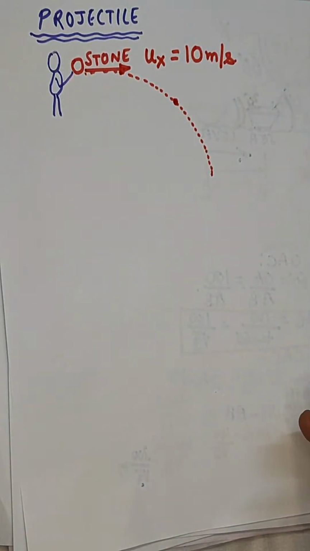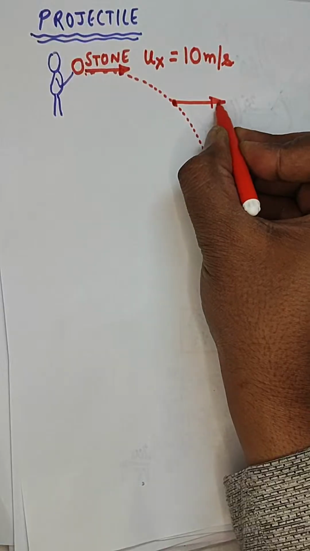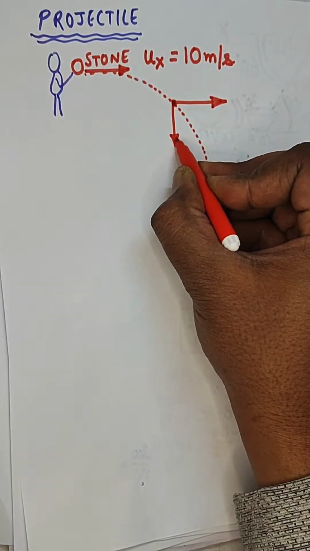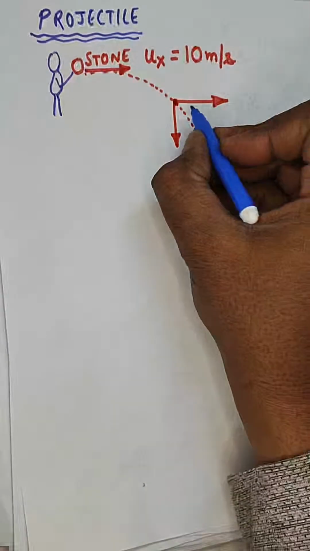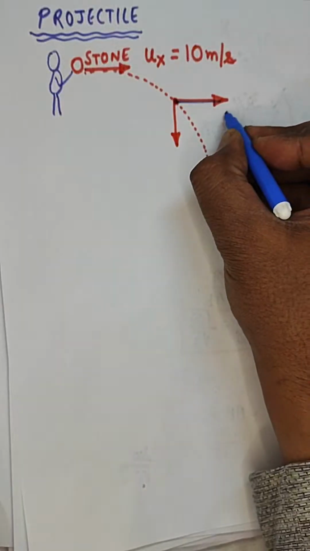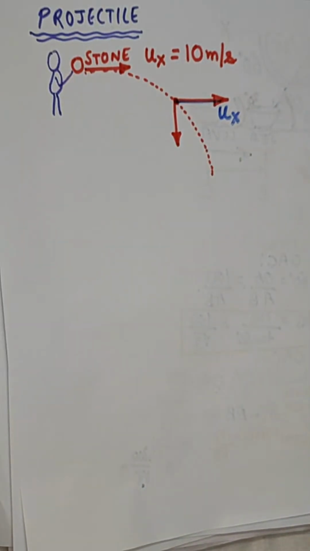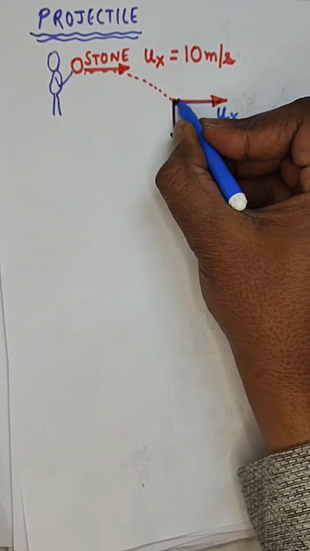Now, my dear friends, let me take a certain point over here. What are the components of the velocity here? It will be like this and like this. The horizontal component is nothing but ux, and the vertical component, let me name it as uy.